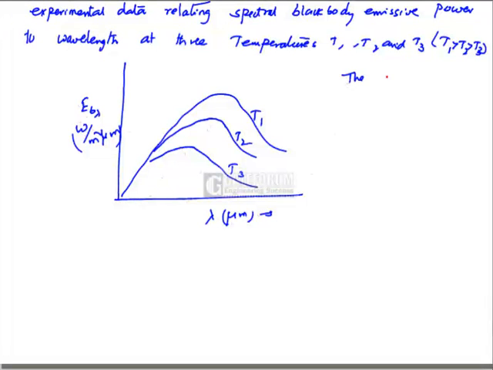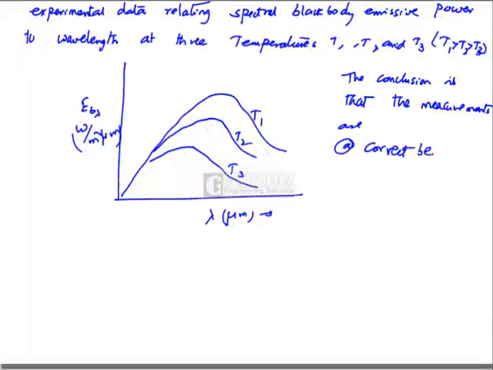The conclusion is that the measurements are: A, correct because the maxima in E b lambda show the correct trend.